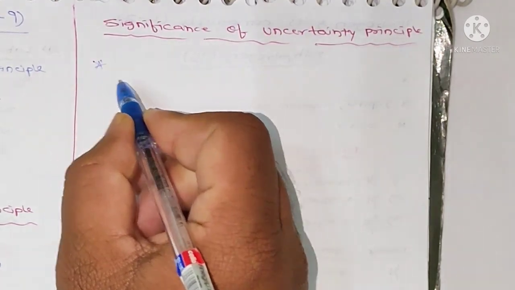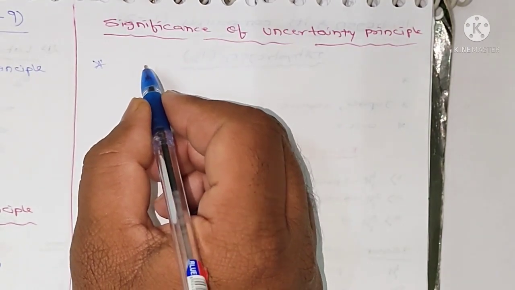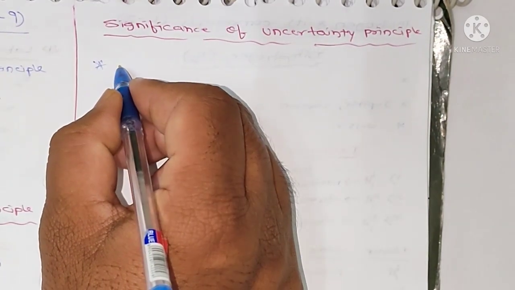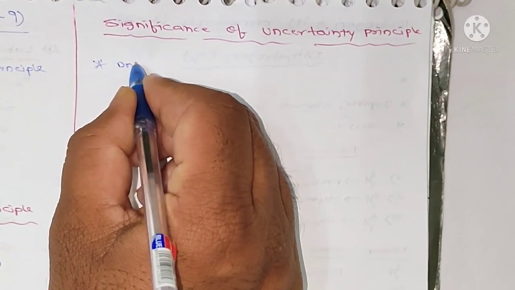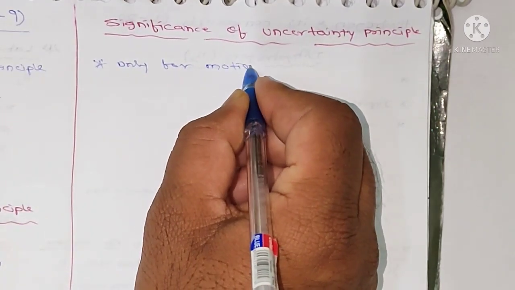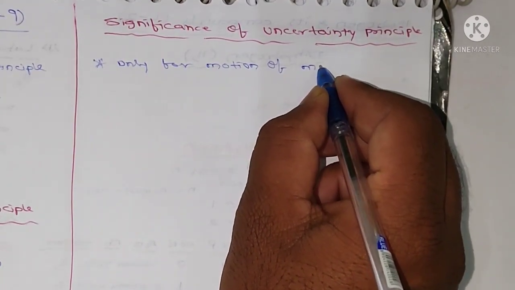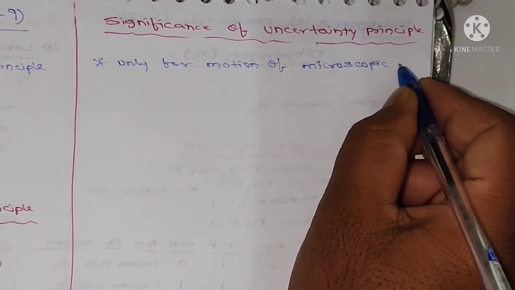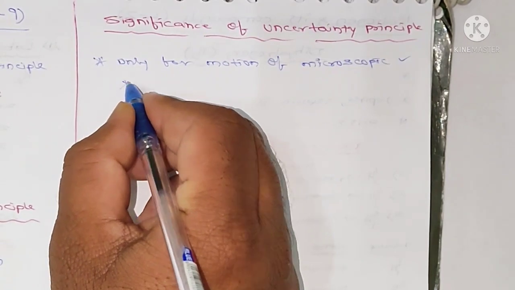The Heisenberg uncertainty principle is only for motion of microscopic objects and is negligible for macroscopic objects.